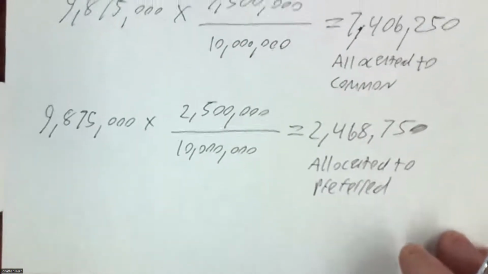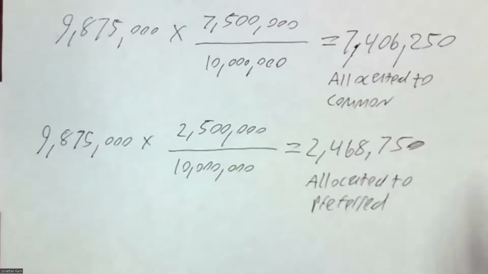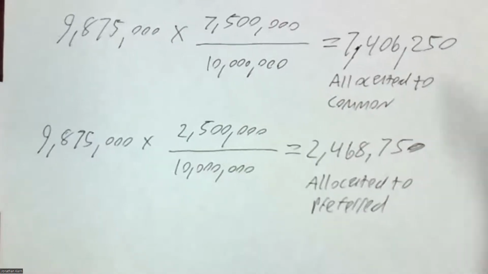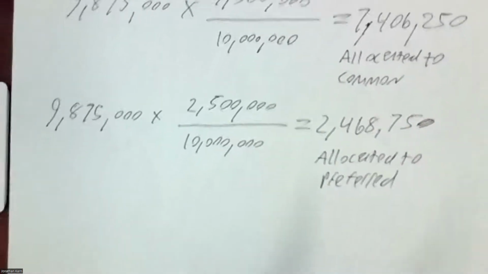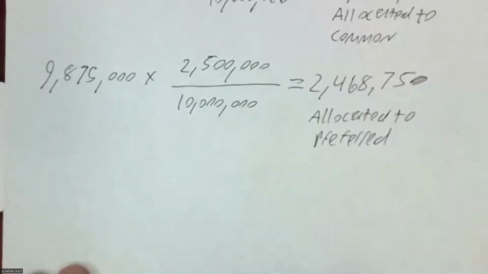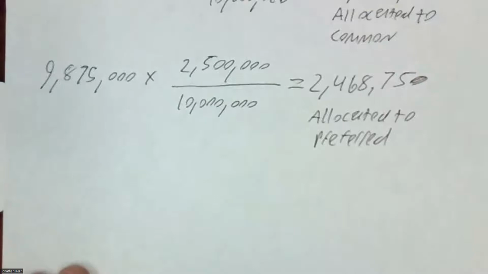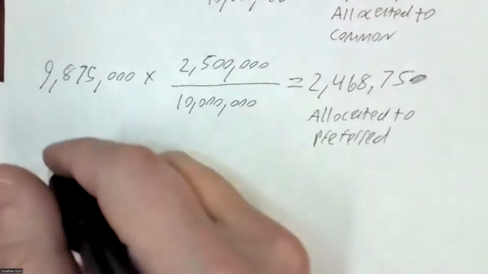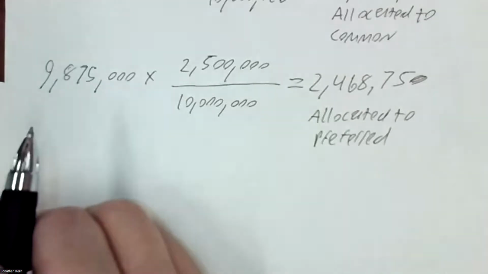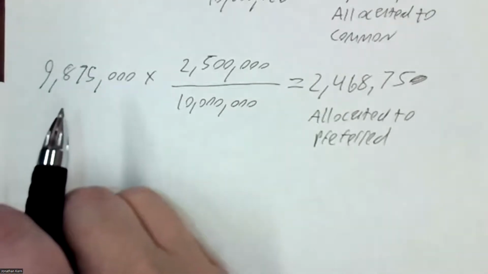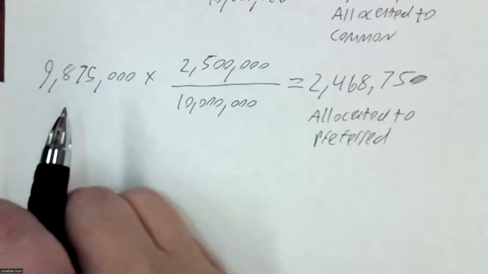Now, to do our journal entry, we have to distinguish which part of each of these goes to the stock account and which part goes to the additional paid in capital account. To do that, we use our par value times the number of shares issued to determine what goes to the stock account. Remember, what goes to the stock account is always the par value of the shares times the number of shares issued.